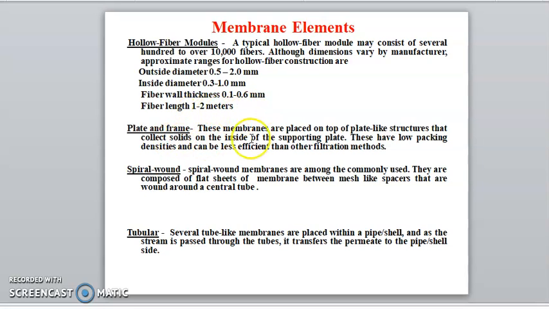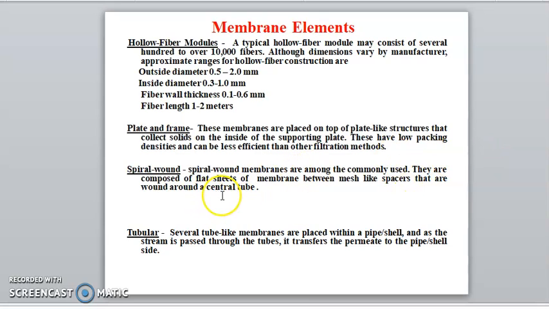Plate and frame: the membranes are placed on top of a plate-like structure that collects the solid inside the supporting plate. These have low packing density and can be less efficient than other filtration methods. Spiral wound membranes are among the most commonly used.